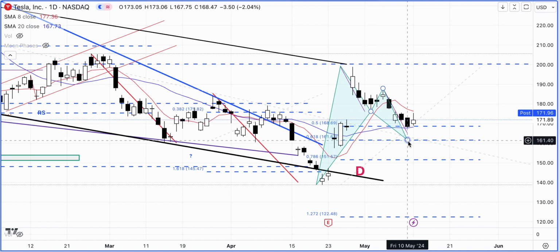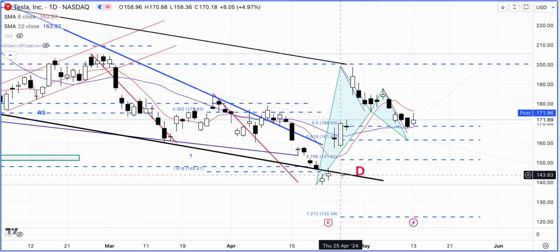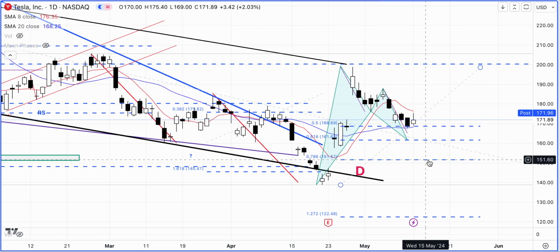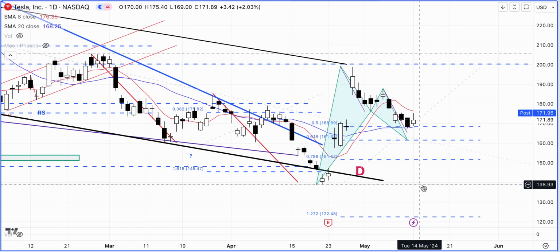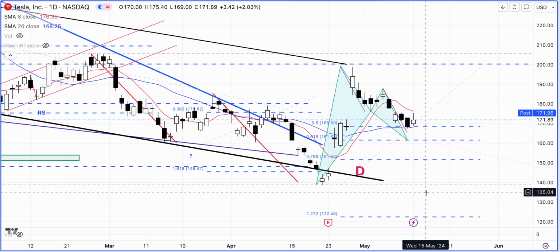The possibility remains that it can go a little bit further down to this 61.8% retracement, or even go and close this gap. So moving below the 78.6% retracement, which comes at 151, will open up the test for these lows and maybe beyond that.